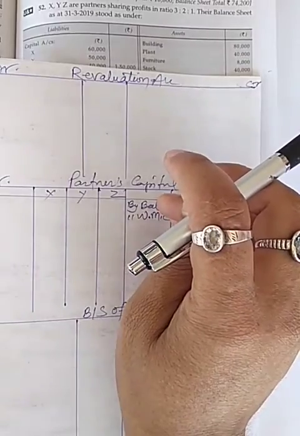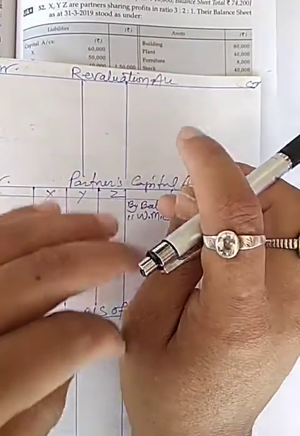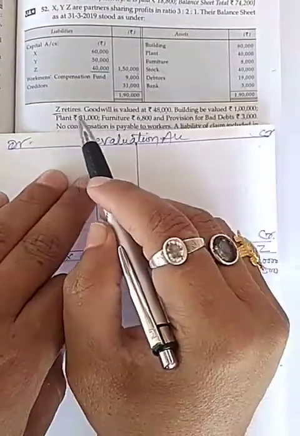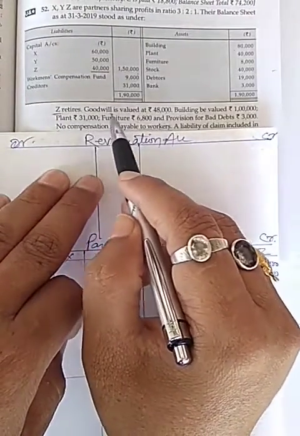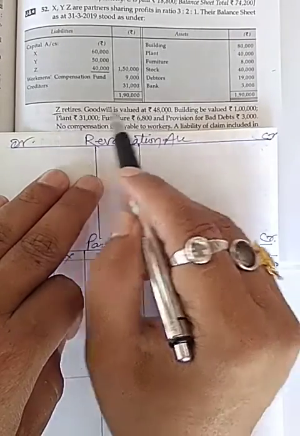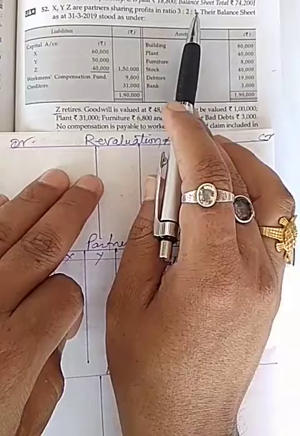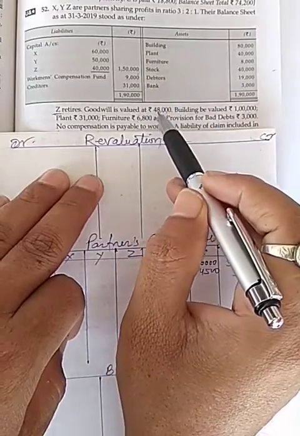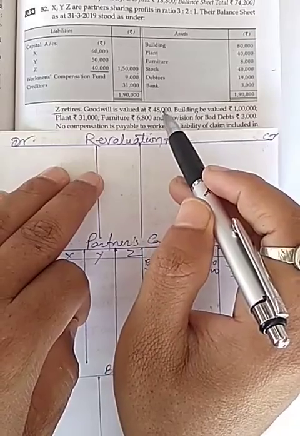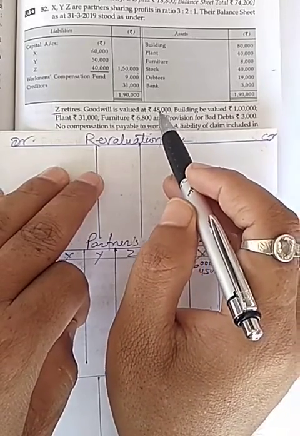Now the question says goodwill of the firm is valued at 48,000 and Z retired, so Z's share will be 1/6 into 48,000, so it will be 8,000.